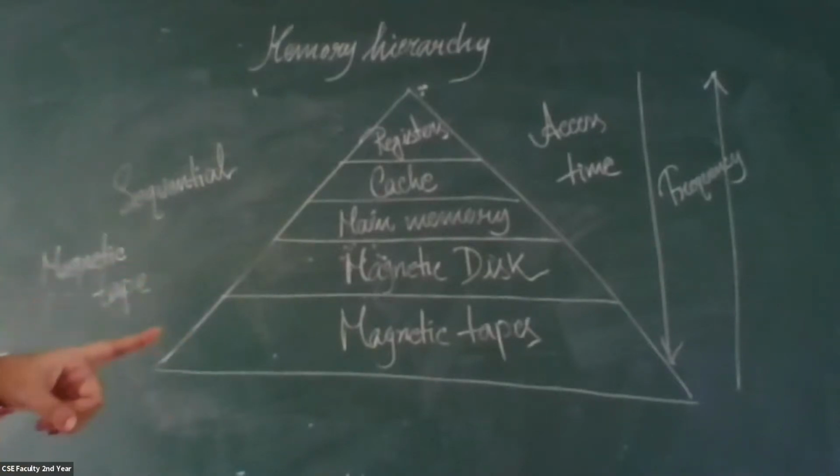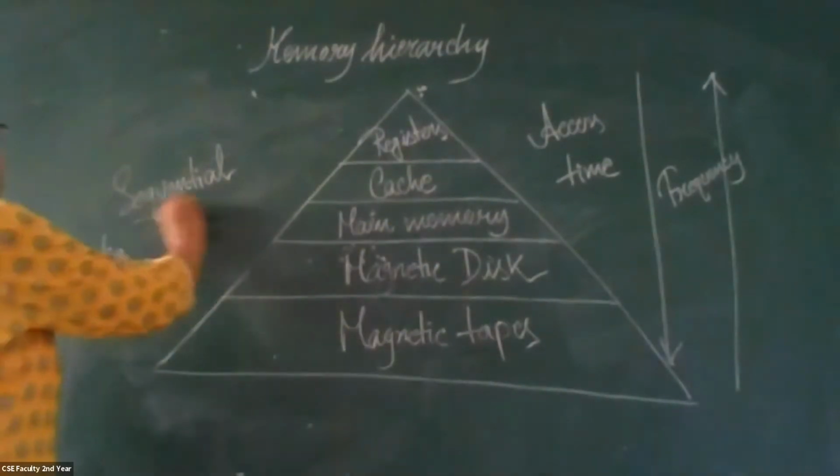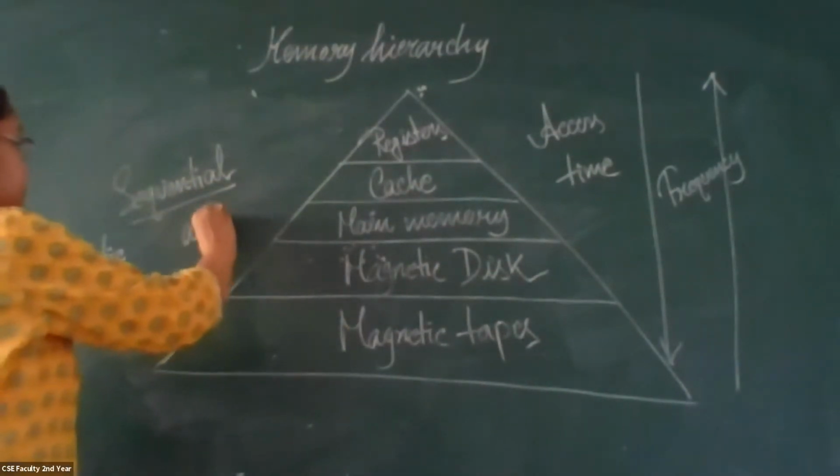So you have done it randomly by skipping all other songs, right? But if you are using a tape, like a cassette, and you want to go to the third song, then also you have to maintain a sequence. Okay, you have to make it fast, and it will skip the first song, second song, and go to the third song. But it will go through the first and second song. It will not directly jump to the third one. Okay, so that is why it is a sequential access.